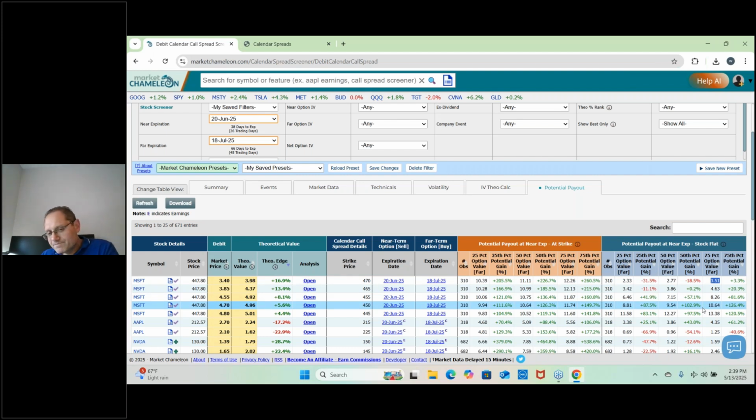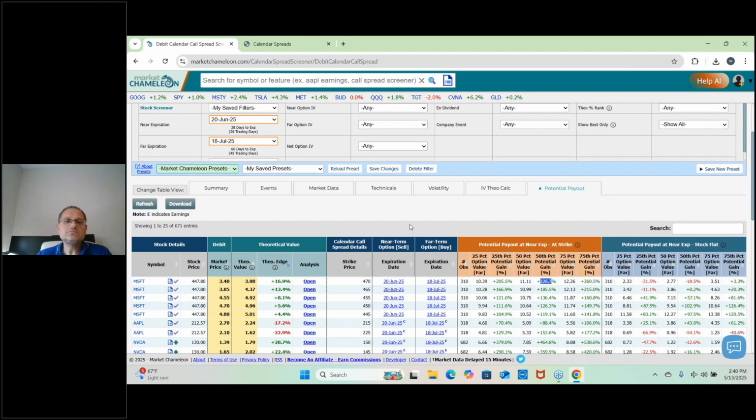So here it's something to think about: is it worth the risk, what am I risking here? I'm paying 340 for potentially what I can make, and here we see potentially over 200% return if things go our way. And we could screen for those types of potentials too.